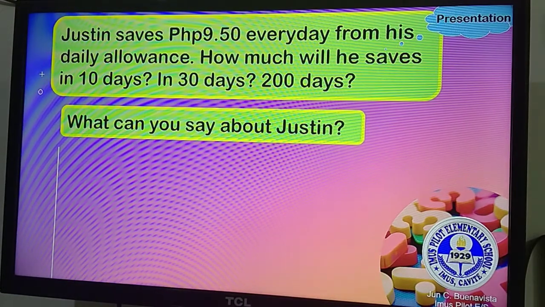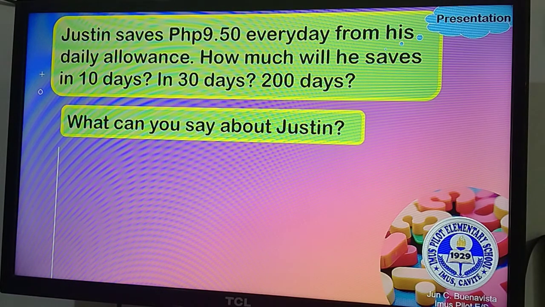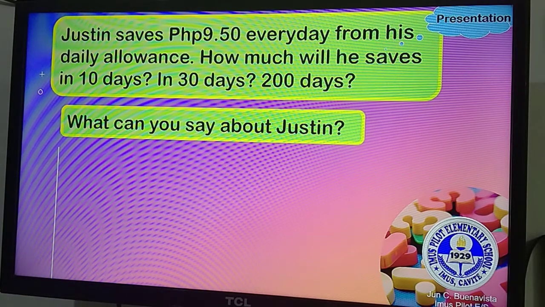Justin is a thrifty boy, because he saved his allowance. Being thrifty is not a bad attitude. That is a good attitude. That is to prepare for your future, para may kukunin ka balang araw. Kasi mayroon tayong kasabihan na kapag may isinuksok, may madudukot. So that is how important savings are.